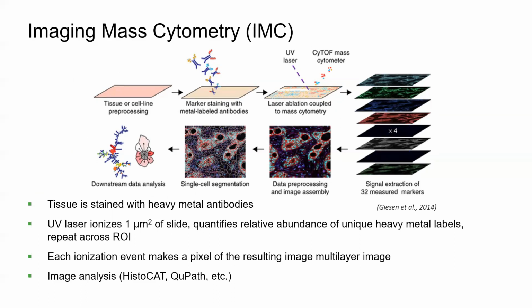By overcoming the limitations associated with spectral overlap, this essentially allows for high-plex or multiplexed imaging modalities to exist, such as, but not limited to, imaging mass cytometry, CODEX, MIBI, and the list goes on, digital spatial profiling.